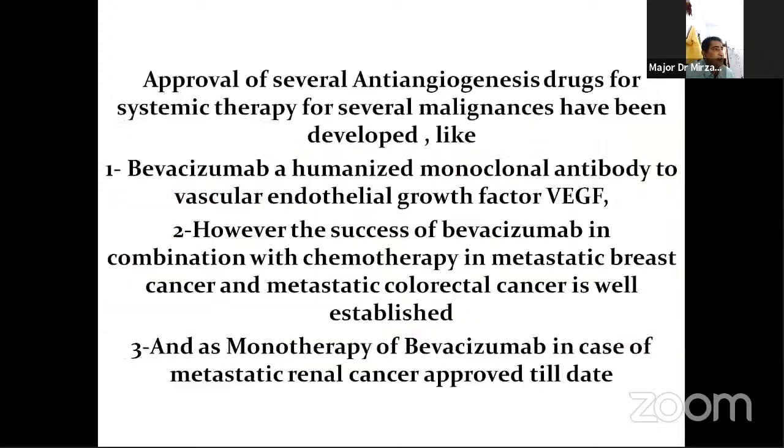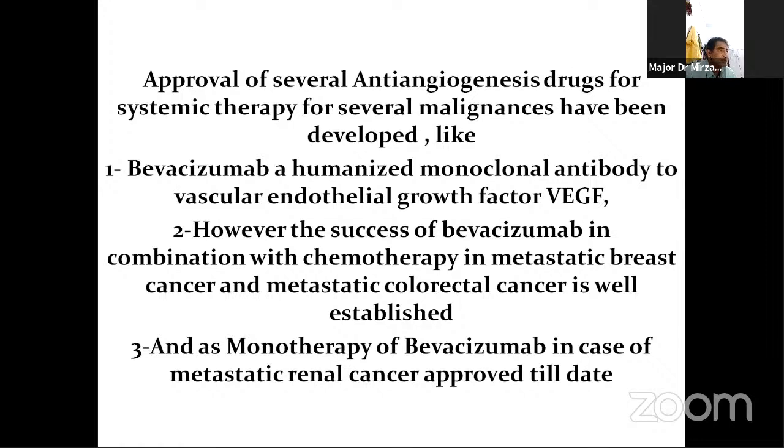Several anti-angiogenic drugs have been approved for systemic therapy for several malignancies. Bevacizumab is a humanized monoclonal antibody to vascular endothelial growth factor, VEGF. The success of bevacizumab in combination with chemotherapy in metastatic breast cancer and metastatic colorectal cancer is well established. And as a monotherapy, bevacizumab is used in metastatic renal cancer.